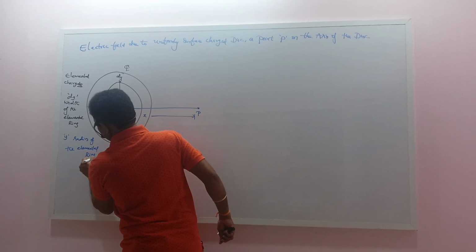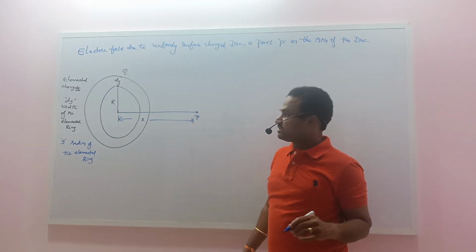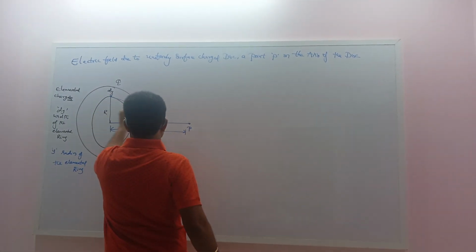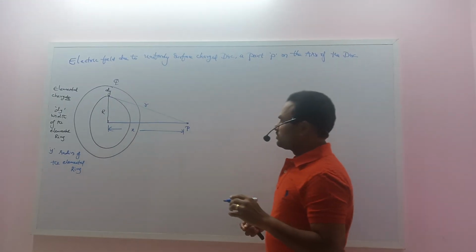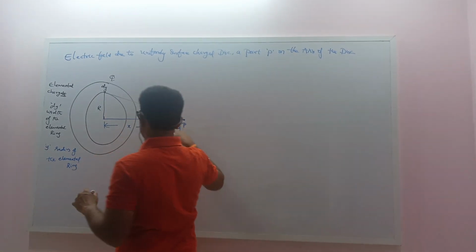That indicates that inside a disk a ring is present, and from this elemental ring we need to calculate the electric field at the point P.